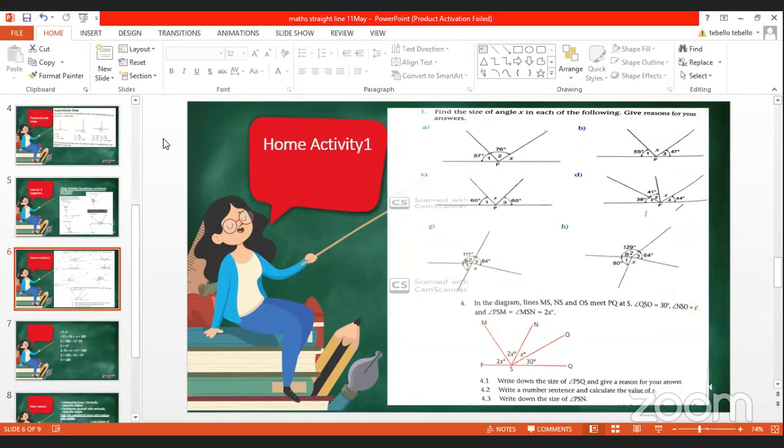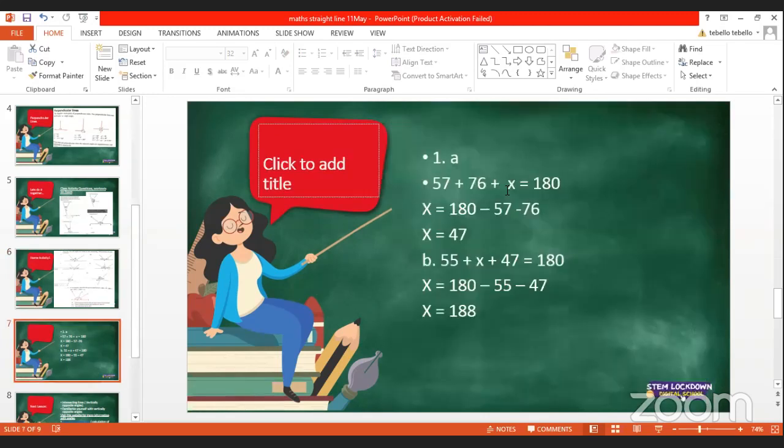For number C, it's 60. And guys, number B, it is a mistake here.